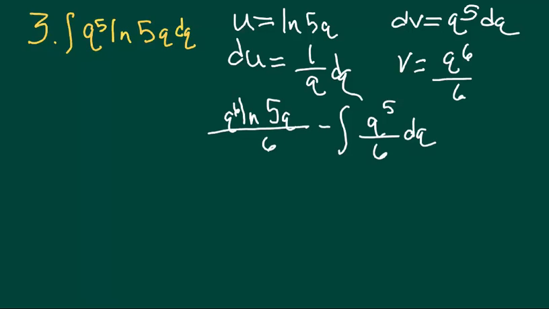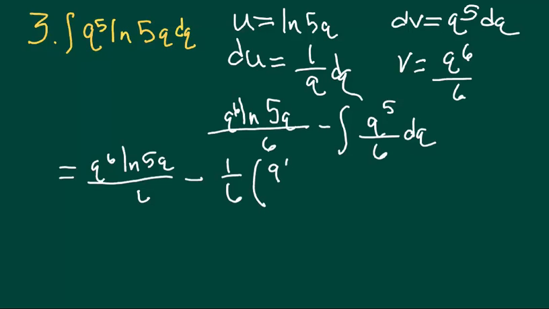And now that's going to equal q to the 6 times the natural log of 5q over 6 minus, we're going to integrate q to the 5th over 6, and that's going to give us 1/6, by pulling out this fraction right there, times q to the 6th over 6.